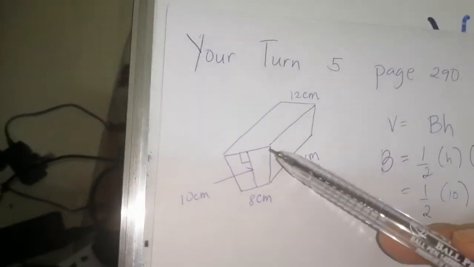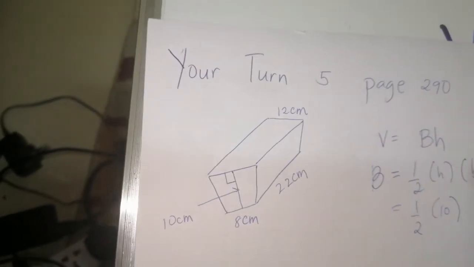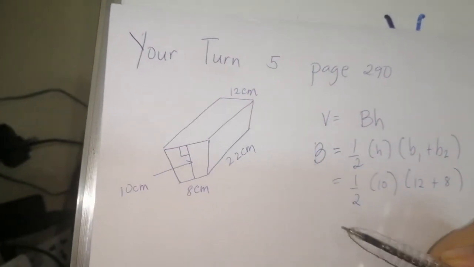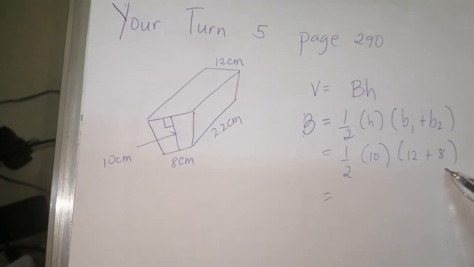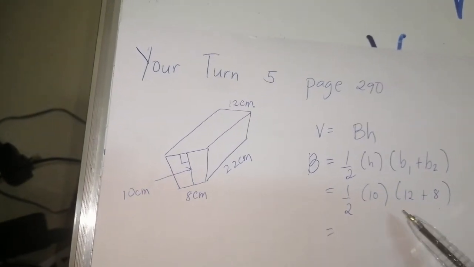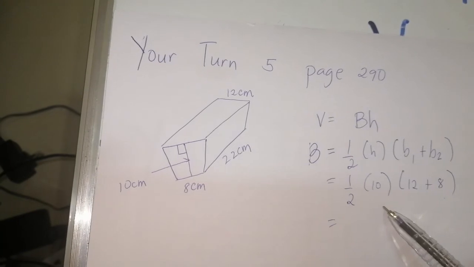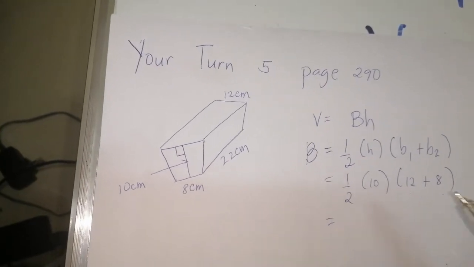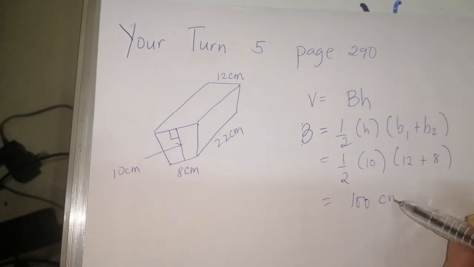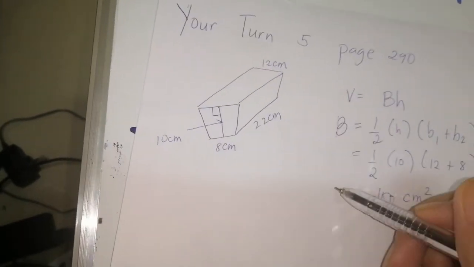Base 1 and base 2, 12 plus 8 is 20. 20 times 10 is 200. Divide by 2 or times half, that is 100. So the unit is 100 square centimeters. This is the base area.